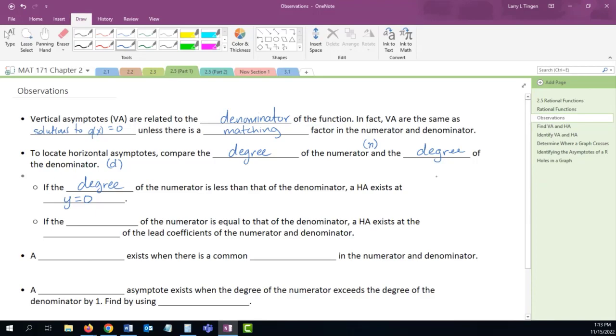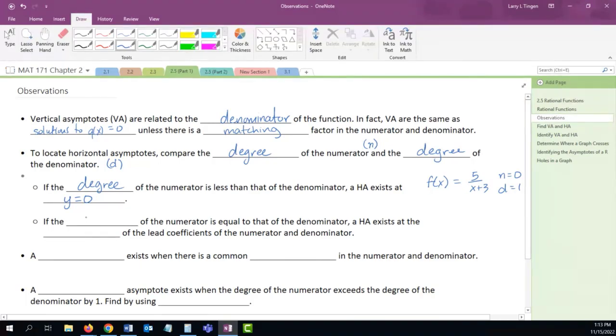Take f of x equals 5 over x plus 3. The numerator has degree 0, the denominator has degree 1. So as x goes really, really big, the denominator keeps growing, which means this fraction in its entirety goes towards 0. That's why we end up with y equals 0.